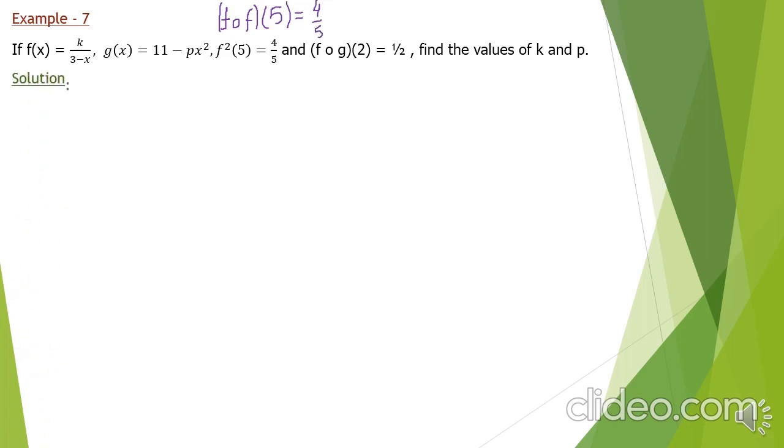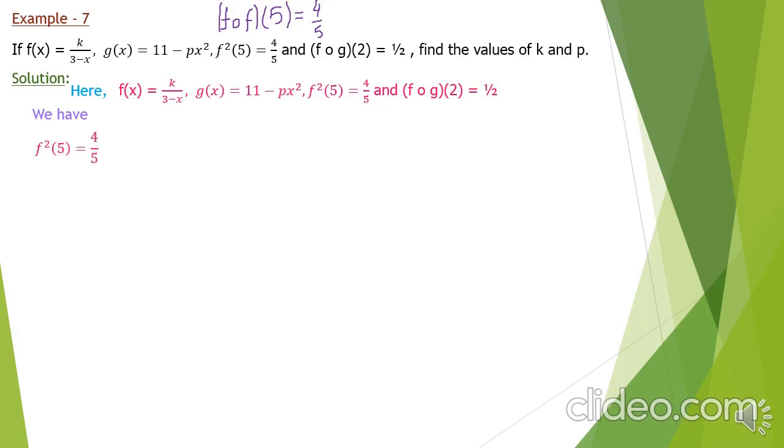Solution. Here, that's the given part of the question. Everything is given: f, g, and the composition of f and f. First we start with f square of 5. So let's do f(f(5)). Now the input for the function f is 5, so the input takes the position of the input variable.